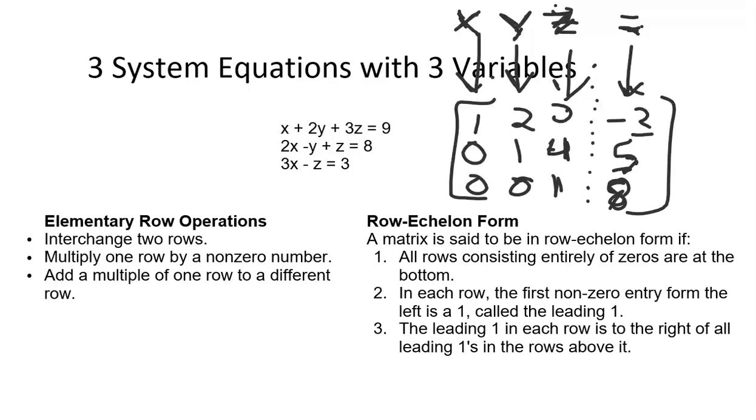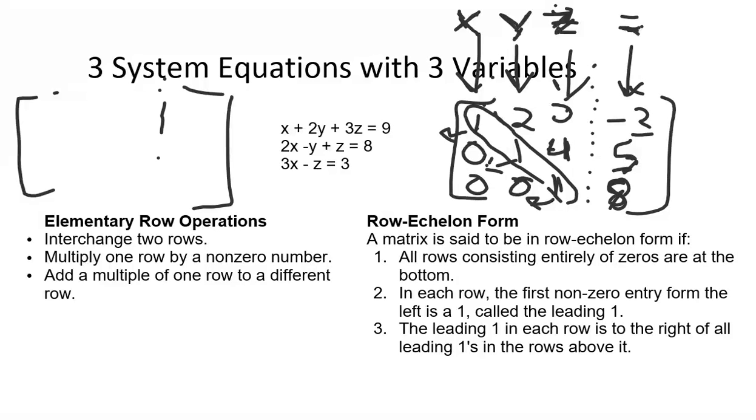Okay, so this is row echelon form. It's going to be any time when I have my diagonal here of 1s and everything to the left of it is zeros. Anything to the right, I really don't care what it is. So in its most basic form, our row echelon form is just going to be some sort of number, some sort of number, some sort of number.